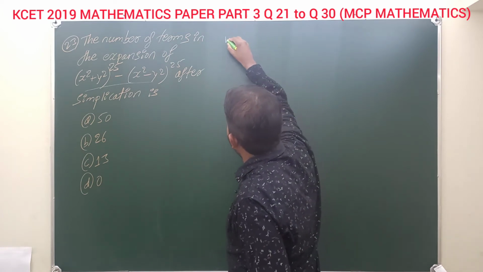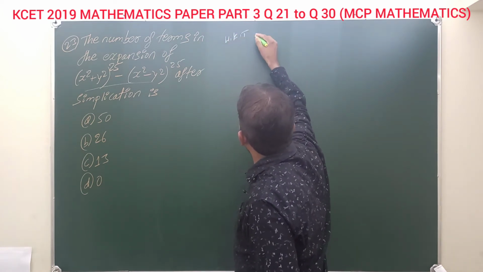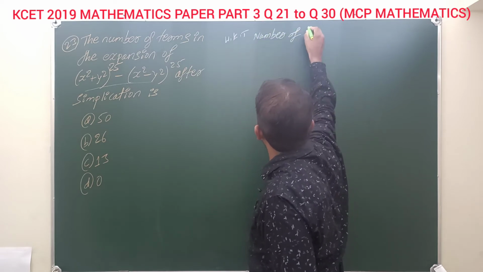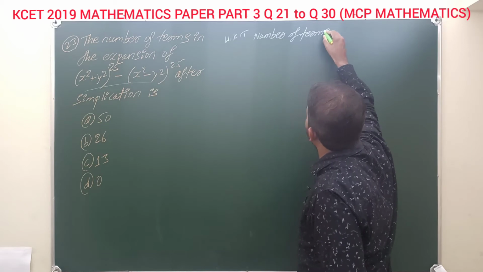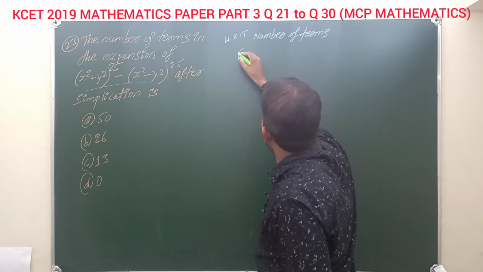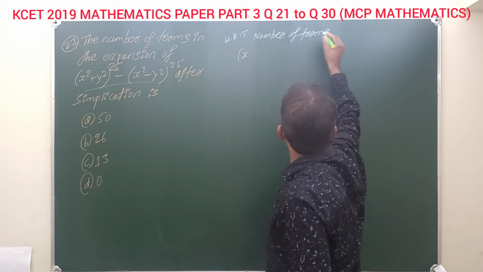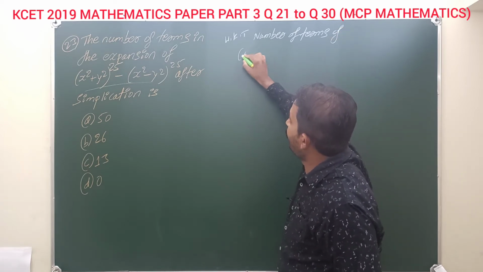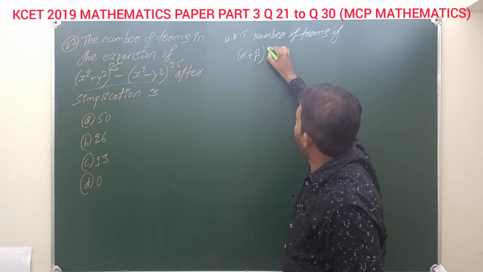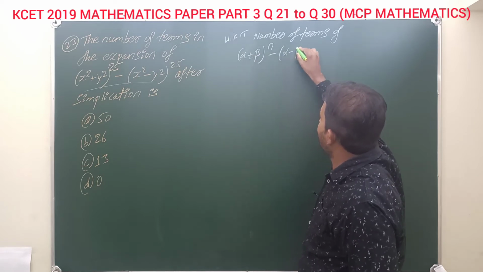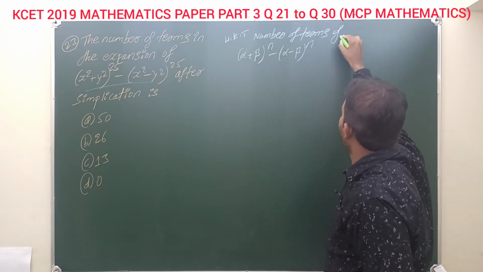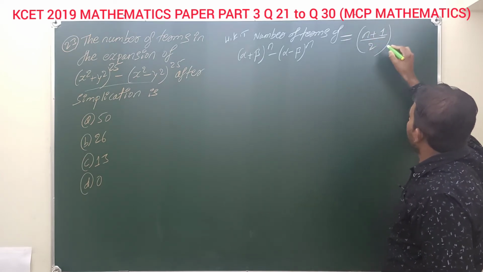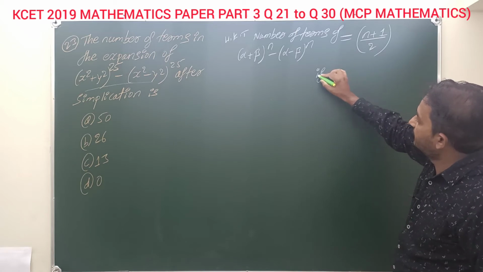Here the required number of terms of x square plus y square, where we take alpha plus beta whole to the power of n minus alpha minus beta whole to the power of n, is n plus 1 divided by 2 if n is odd.